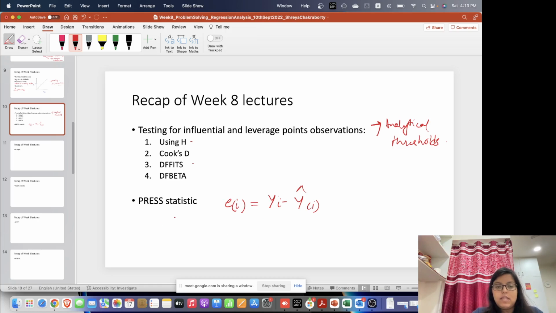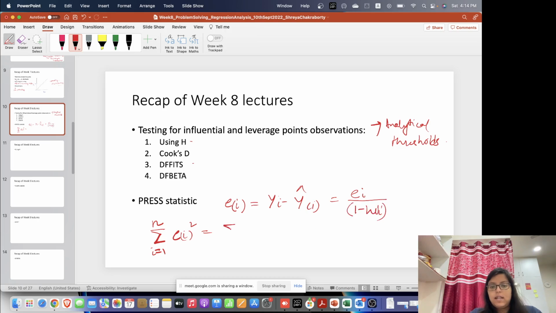And the PRESS statistic is nothing but the summation, i equal to 1 to n, let's assume there are n observations, of ei squared, where this ei can also be equivalently written as ei by 1 minus hii.